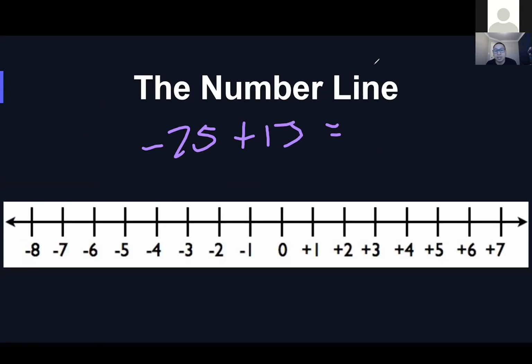Tell me what the answer is in the chat. 5 seconds. Someone's got it. It's negative 12. The negative is bigger than the positive, so the answer is going to be negative. And the difference between 25 and 13: 25 take 10 is 15, take away another 3 is 12. Negative 12. Let's try this again.